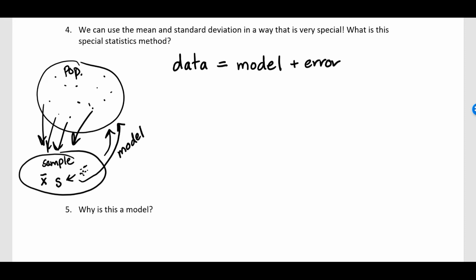There's always some error or noise or other information that isn't accounted for by our simplified model that also affects the real data. That error or noise is what we discussed before as the unexplained variability. It gives us an idea of how off our model is from the whole truth.